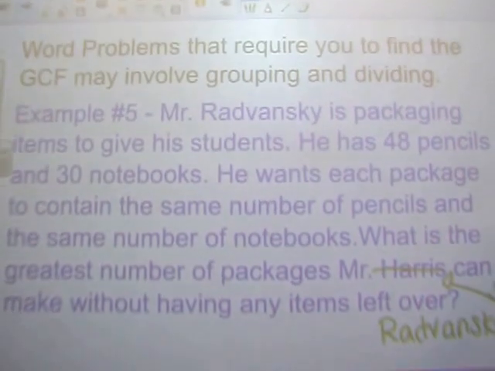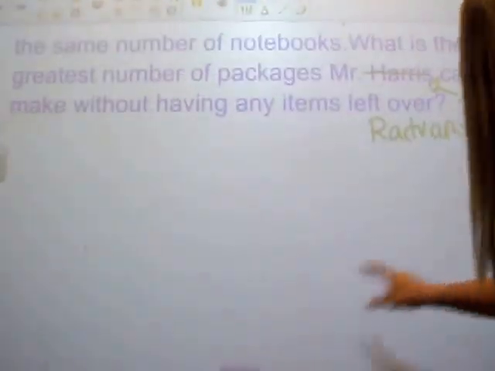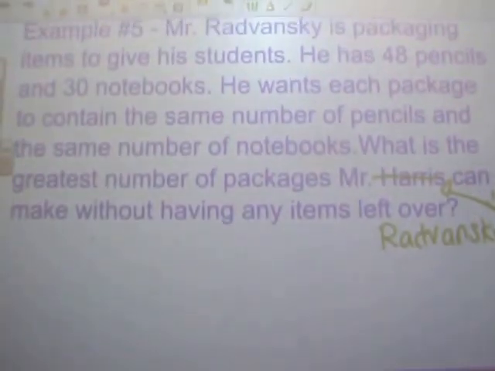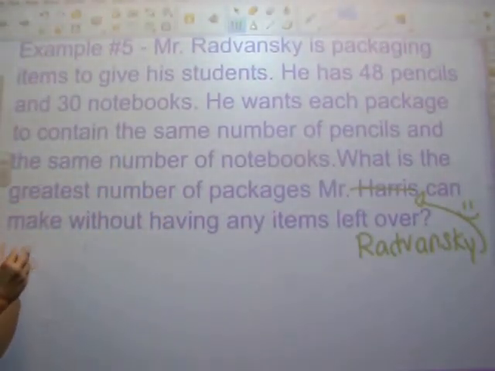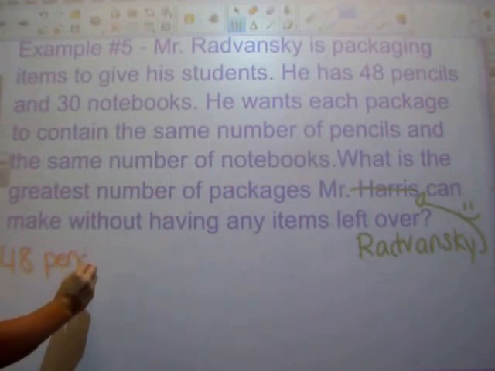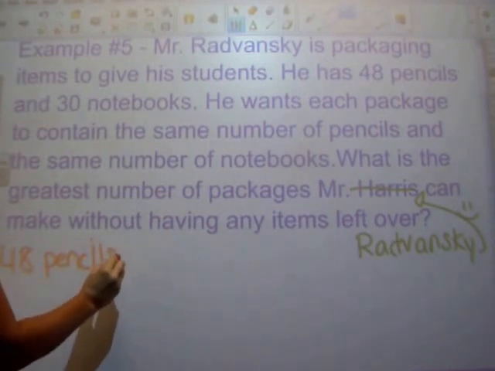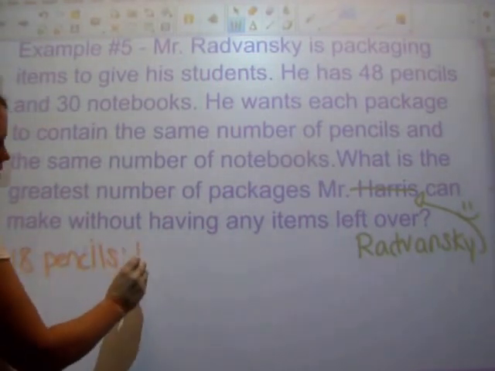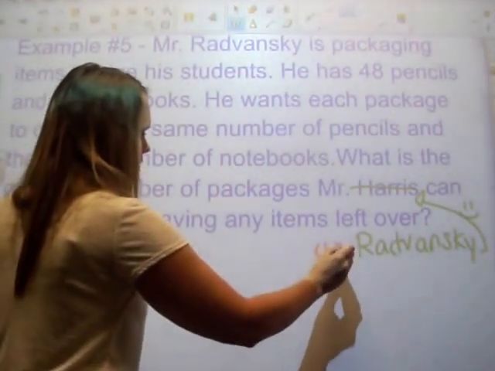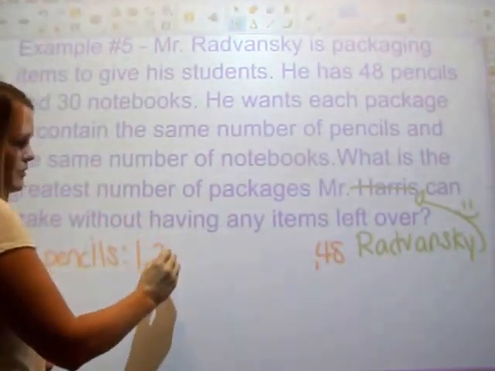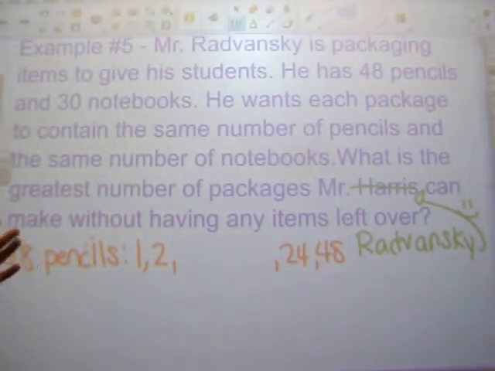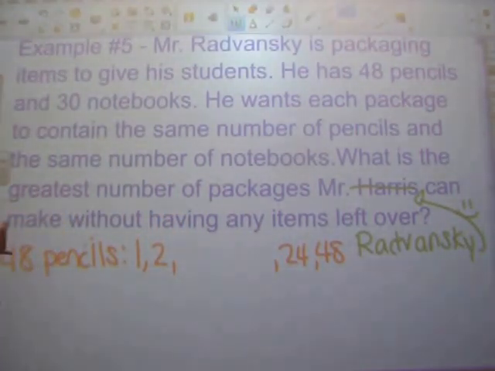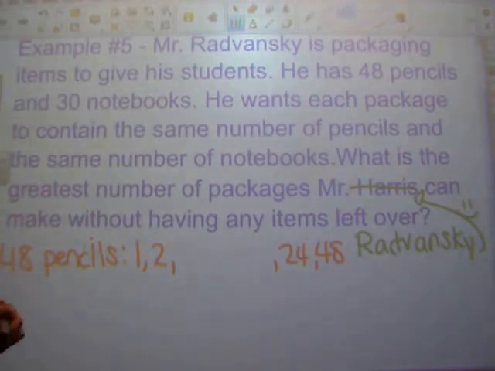Alright, so let's first list all of the ways that the 48 pencils can be divided. You could have one group of 48. You could have two groups of 24. 48, 4 plus 8 is 12, so 3 does go into it evenly.